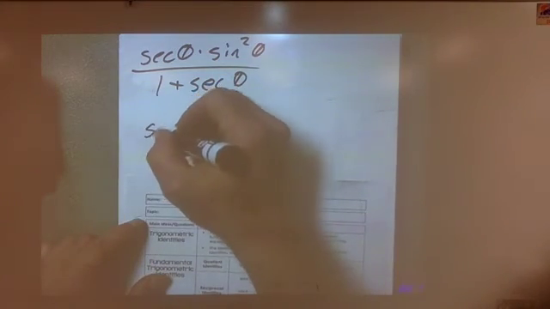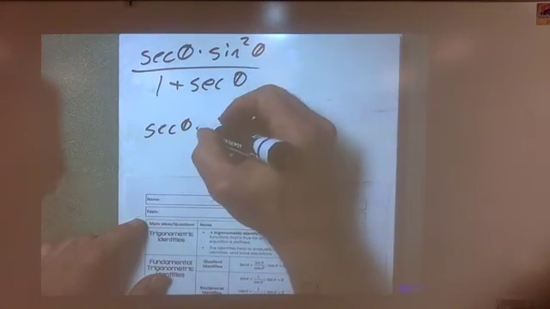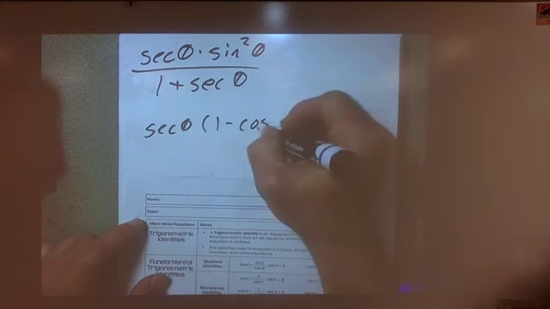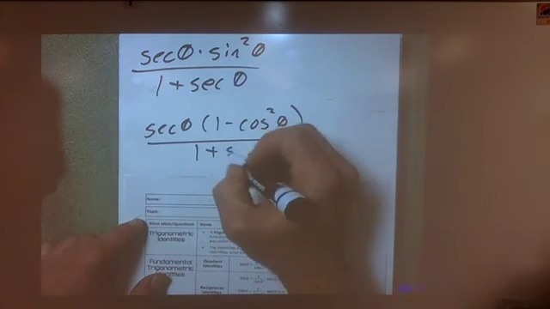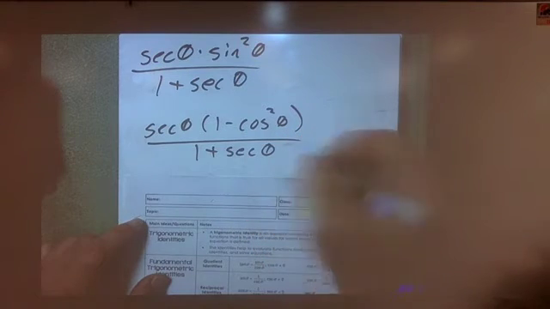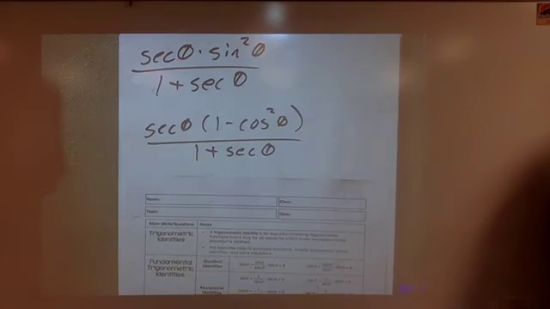So our numerator would be secant theta times 1 minus cosine squared theta all over 1 plus secant theta. Secant is equal to 1 over cosine.